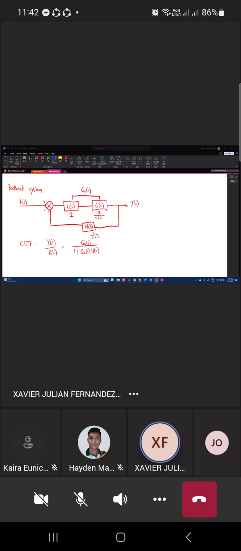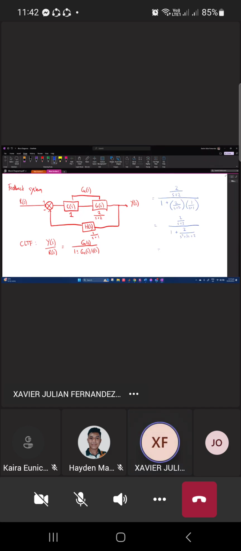Then, because this is a negative feedback system, we have 1 plus G(s) times H(s), which is 2 over s plus 2 times 1 over s plus 1. So that's 2 over s plus 2, then 1 plus 2 over s squared plus 3s plus 2.